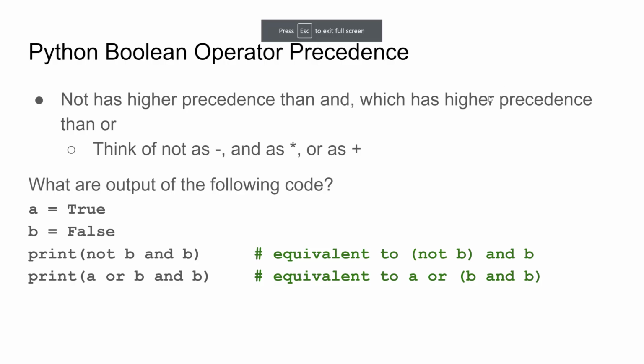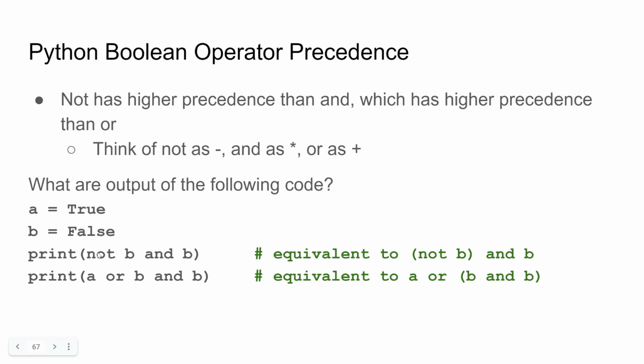I realized there's one other thing that I have not explained about the Boolean operators, and that is the precedence. This is needed when you see expressions like this, because without precedence it is confusing what it means. This could be interpreted as first not B and then and B, or you first do B and B and then you do not.